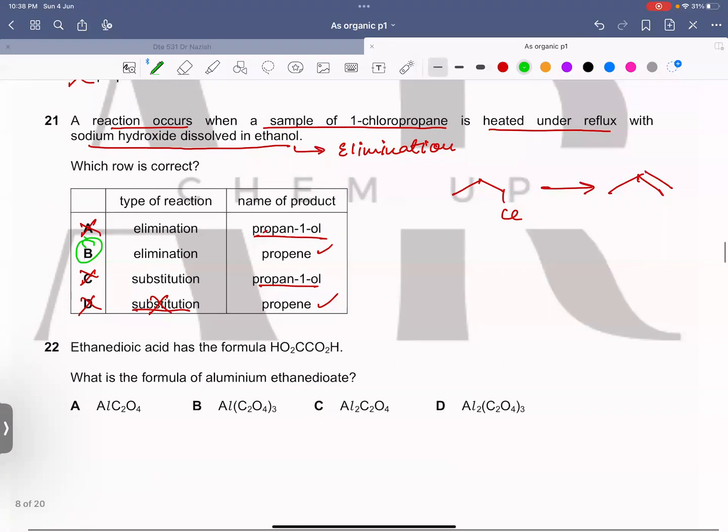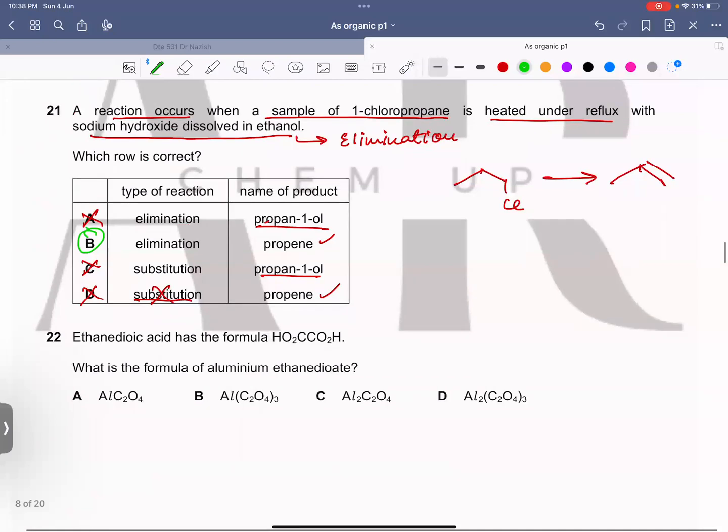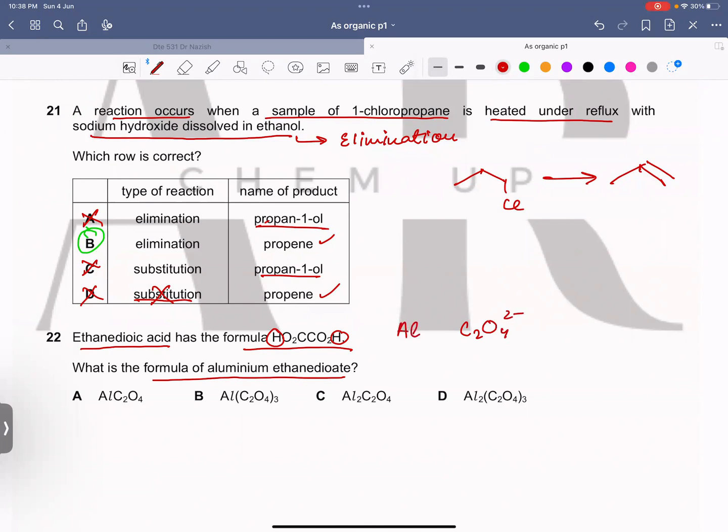Now, question number 22. Ethane dioic acid has the formula. What is the formula of aluminum ethane dioate? So if you look, there are two hydrogens which are displaceable. So when it forms an anion, it becomes C2O4 2 negative, and aluminum has a 3 positive charge.